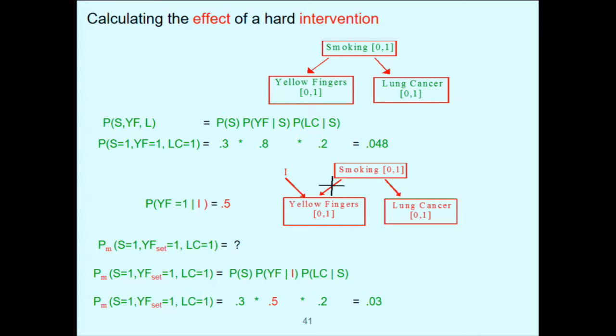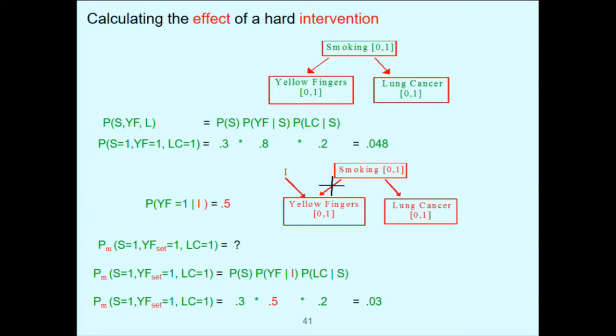Now, it's a subtlety that we're not going to get a lot into, but you can see that what I've done here is give you a method for computing the manipulated probability if I know the causal graph. So this all assumes that I know the causal graph.